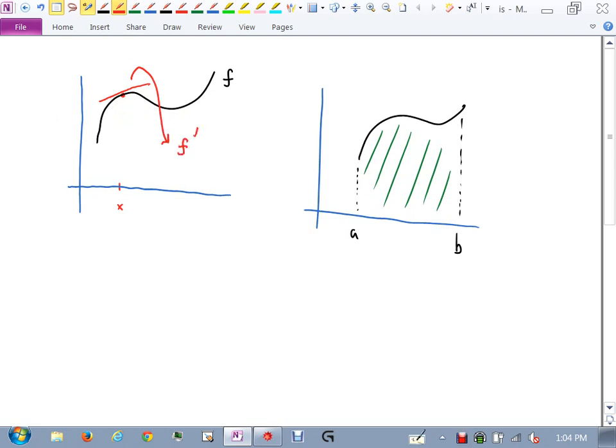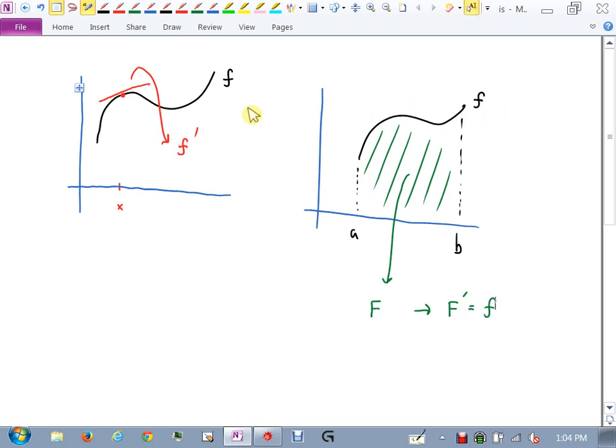Well, in Cal 2, what we learn is that if this is f, and you want to figure out what this area is, you need to come up with something called the antiderivative of f. In other words, you're going to have to find some function which I will call capital F, and that capital F has this property: the derivative of that capital F is that little f.